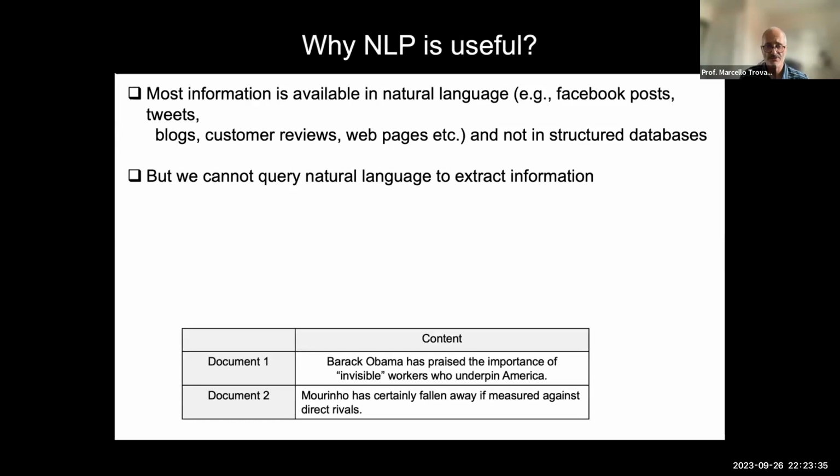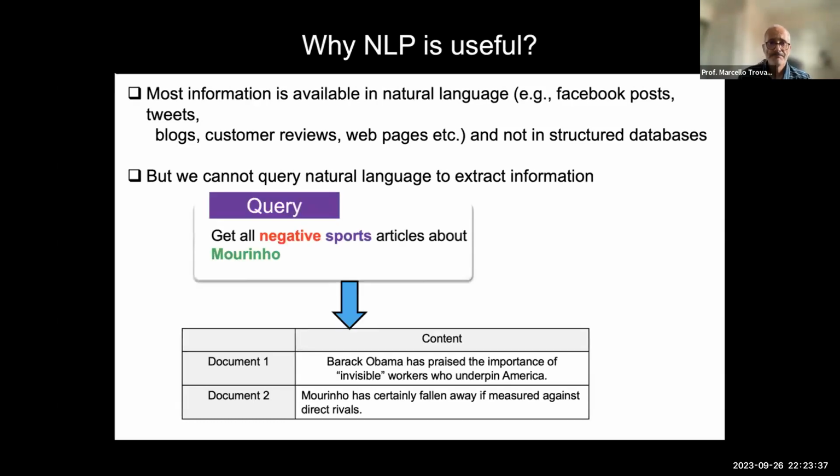If we have a document like that and I want to query it to get all the negative sports articles about Mourinho, again, a computer wouldn't be able to do anything, because all this is just dots on a screen, or just ASCII symbols, totally meaningless.